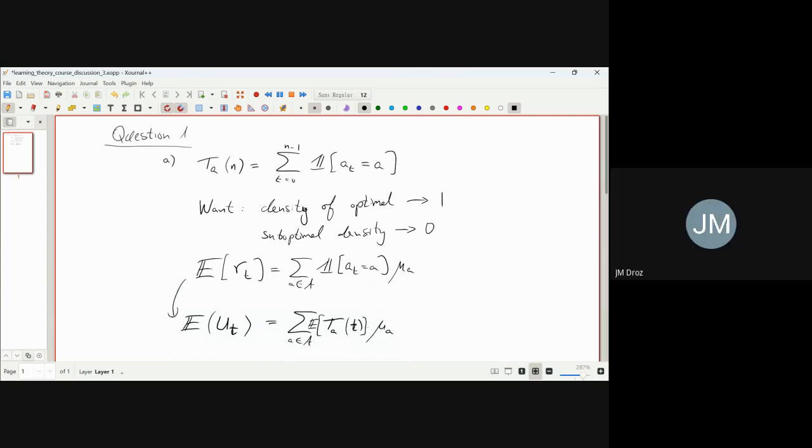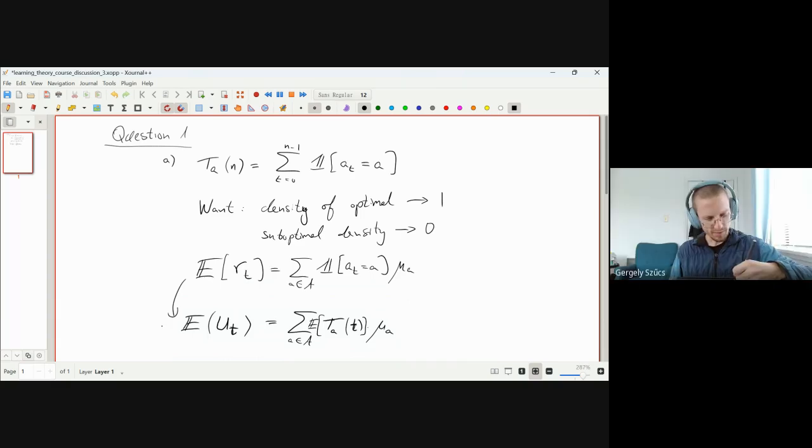With the definition of UT that we have, I actually also did it wrong at first: you have a factor big T in front, because UT is defined as the average utility. Or I could put one over t here.